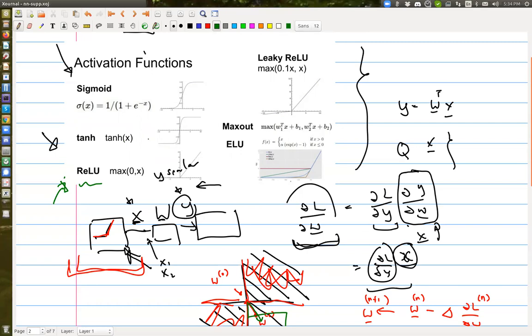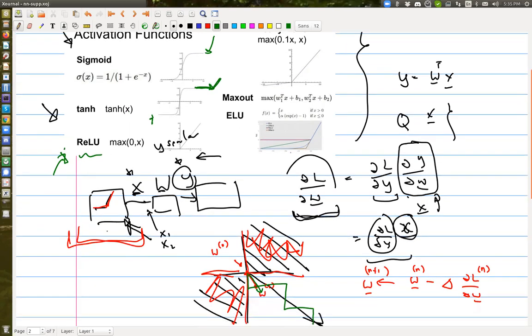because sigmoid and tanh have their own problems as well. This kind of region is killing people, because whenever you fall in this region, what does that mean? Remember that when you do backprop, you have the activation function somewhere.